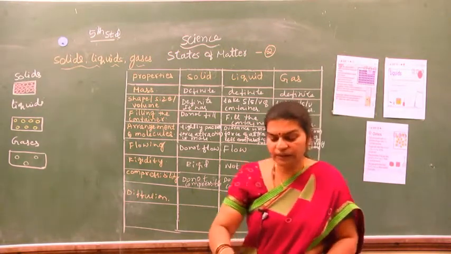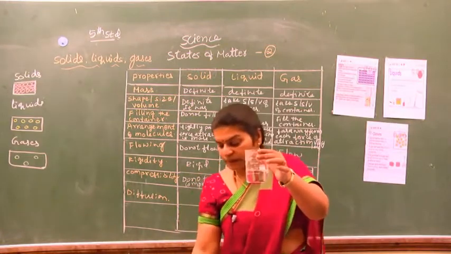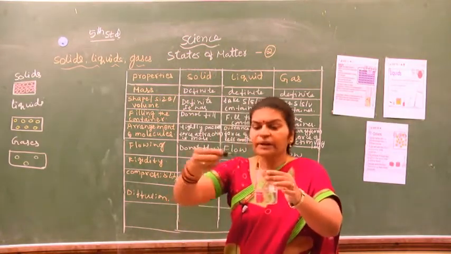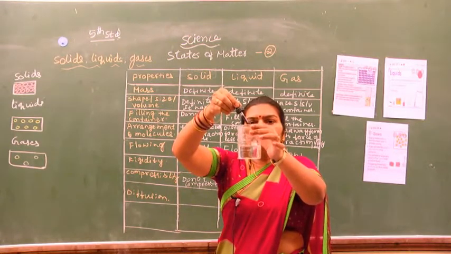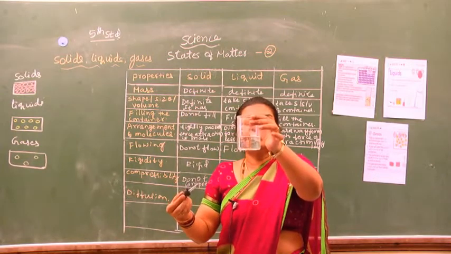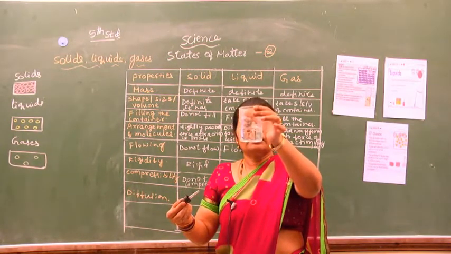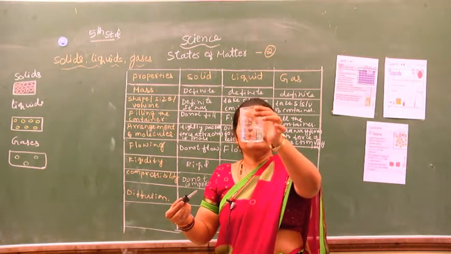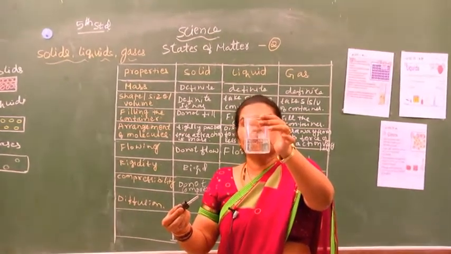Now, when we consider water, I am going to put a drop of ink color into this. Now, what do you see? You are going to see the color. And what happens to the color? It is not like a drop. It will mix with the water.